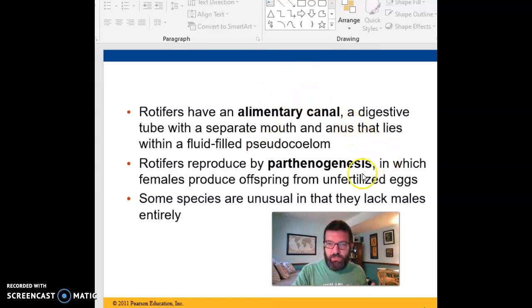But they're also interesting because a lot of them reproduce by parthenogenesis, meaning females just produce an egg that's diploid. They don't have to have it fertilized. And so males are unnecessary, and some of them can reproduce either sexually or asexually through parthenogenesis, but in some species there are no males and haven't been for millions of years because the males are unnecessary.